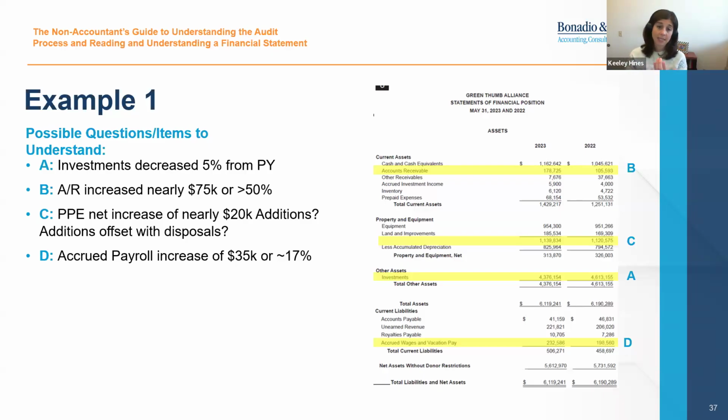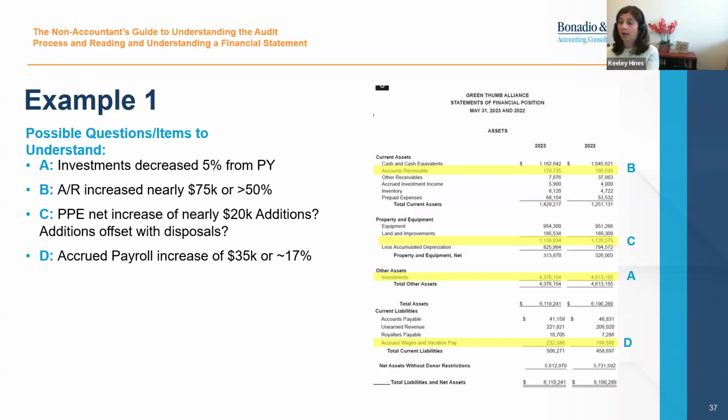It also could be an indication that historically we've been able to get these receipts on our grants within 60 days. It's now taking 120 days. New York State is moving slower, and so on. So it could be things are outside of your control, but would be certainly things you would want to understand.